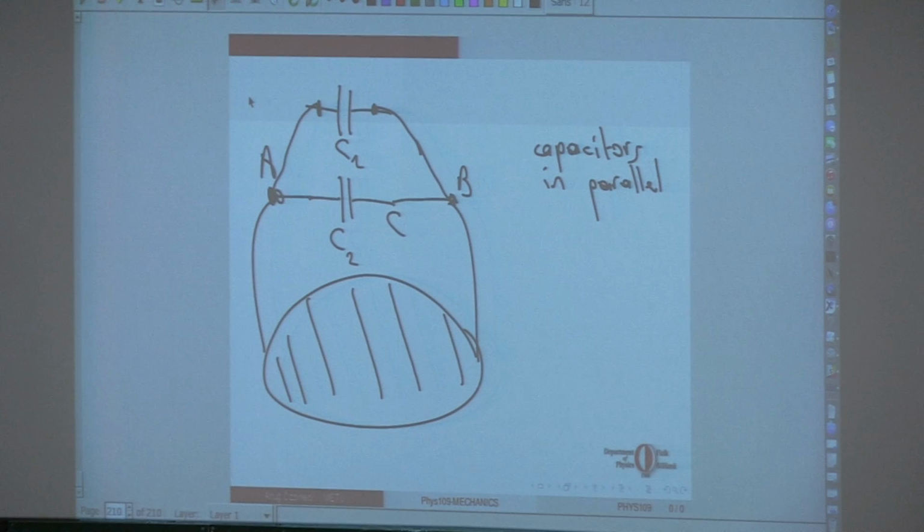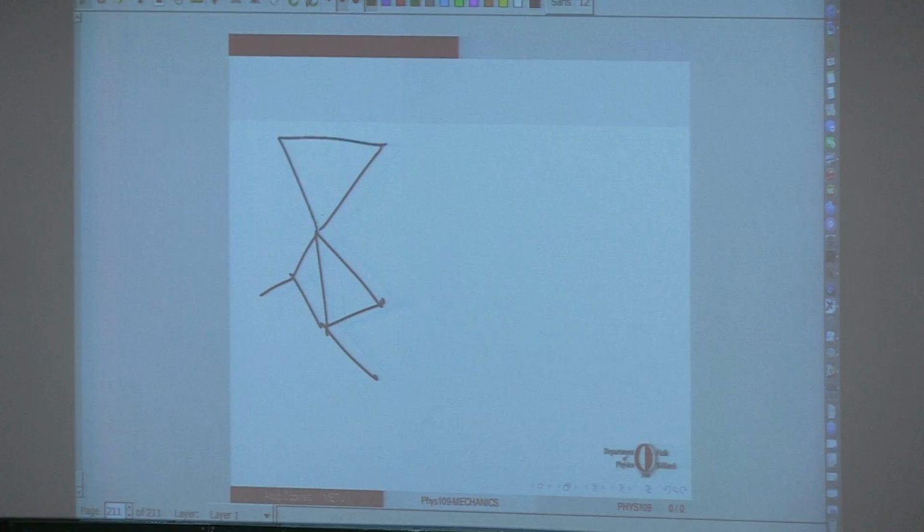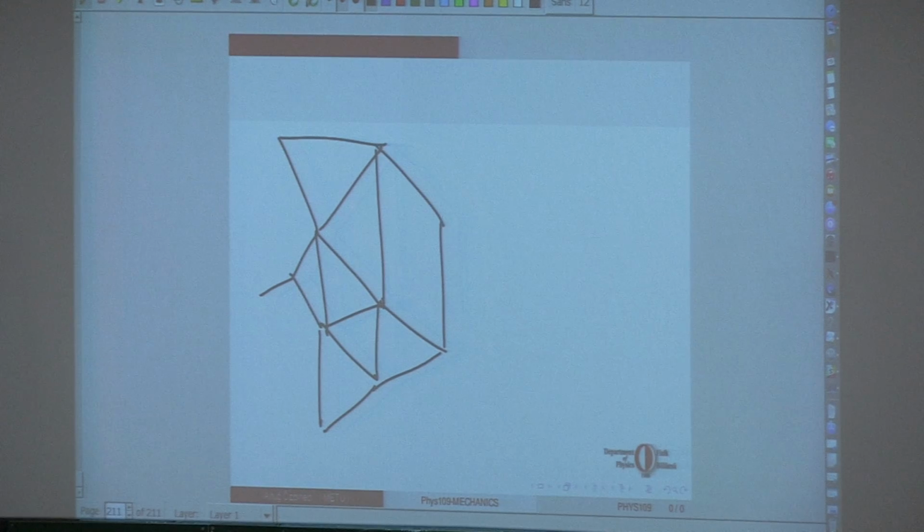Now, of course, if you have three capacitors, there's not much of a choice for you either. Some of them will be connected in series, some in parallel, but as the number of capacitors increases, you can come up with all kinds of weird connections. Just imagine that all of these lines have some kind of capacitor attached to them.